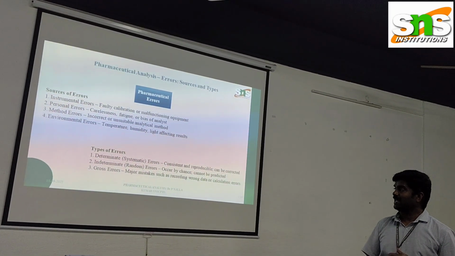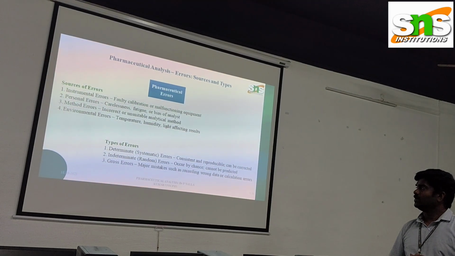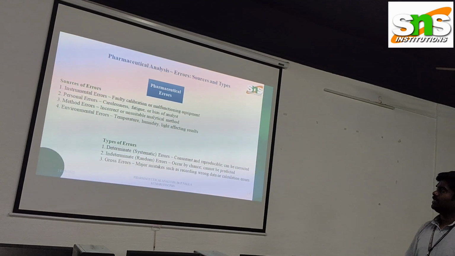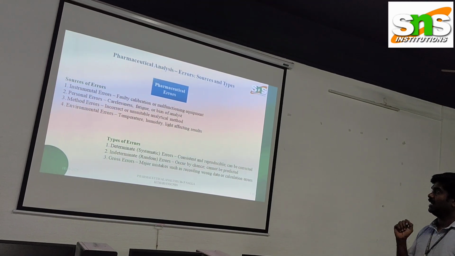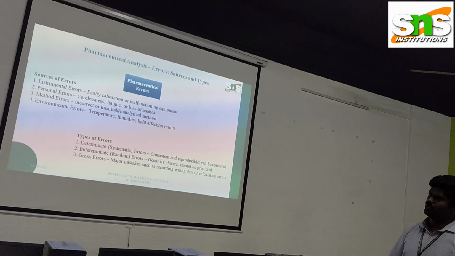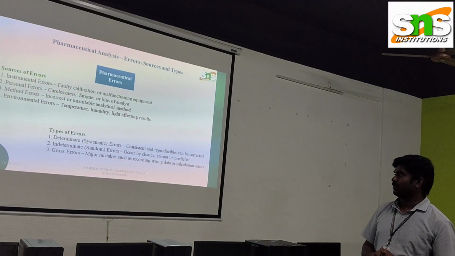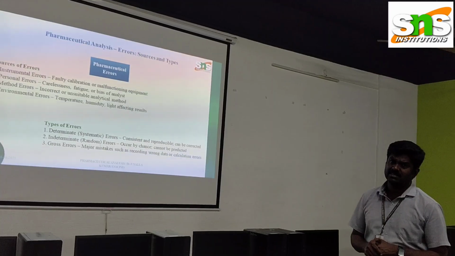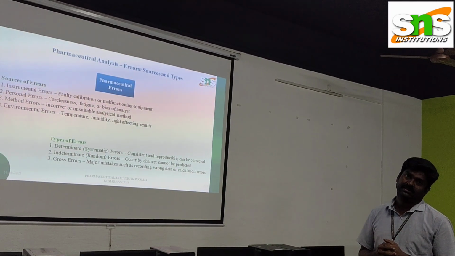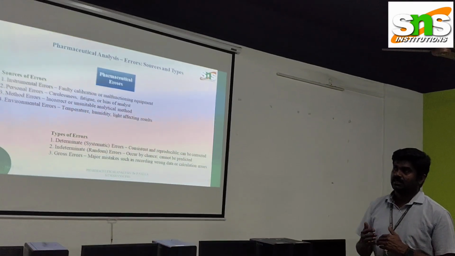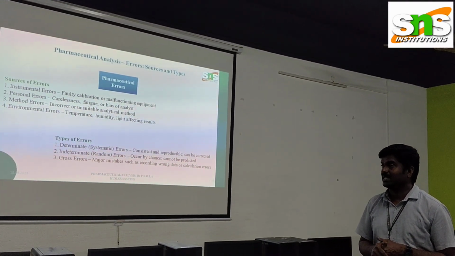The next topic is the types of errors. We have three major types: determinate or systemic errors, random errors, and the third, major mistakes. What do you mean by systemic errors? They are consistent and reproducible, and we can correct them.